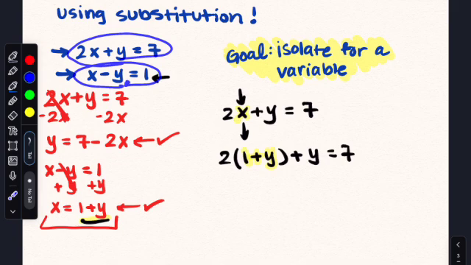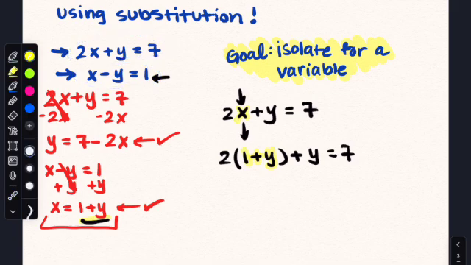For example, you wouldn't have been able to get x equals a number or y equals a number just by simply trying to solve these and isolating for the variable. But when you use the substitution method, you're able to solve and get one variable and then isolate for that one variable to get a number out of it.